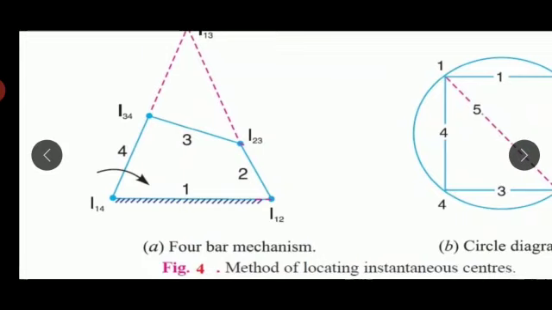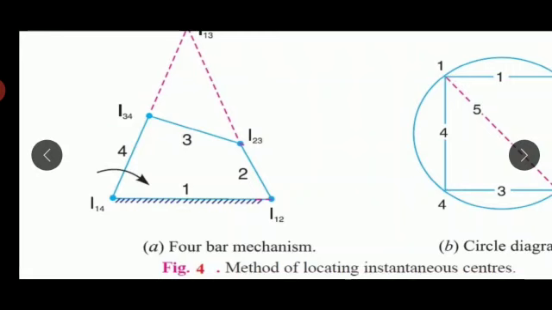Link 2 and link 3 have instantaneous center I23. Link 3 and link 4 have instantaneous center I34. And link 1 and link 4 have instantaneous center I14. Based on the inspection method, I12 and I14 are called fixed instantaneous centers. And there are 2 more instantaneous centers, I23 and I34, and these are permanent instantaneous centers.